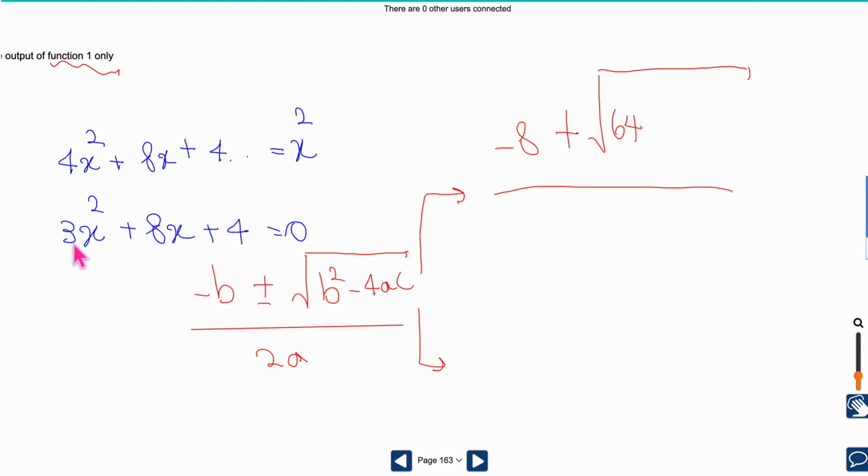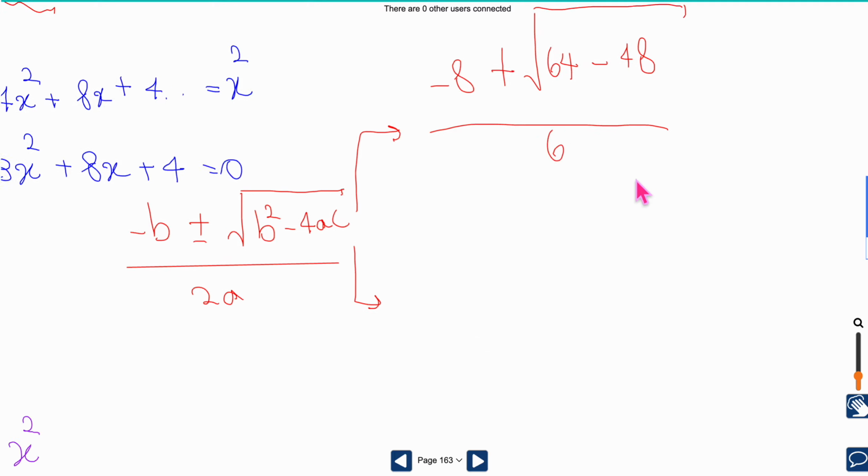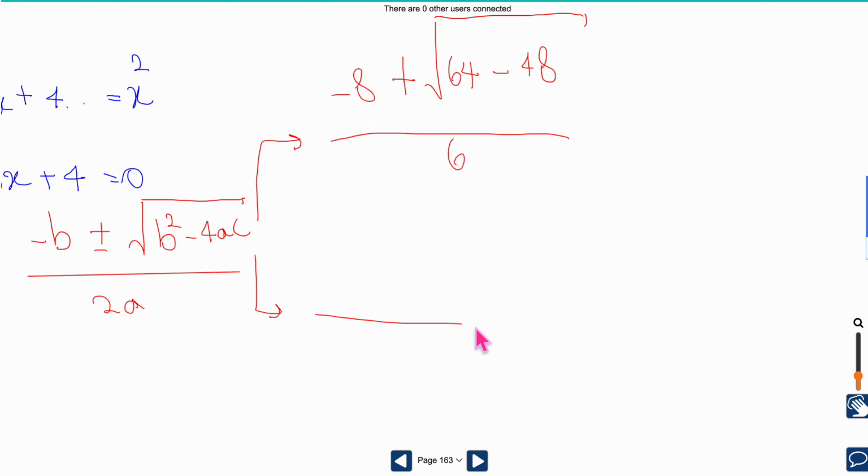4 times 3 is 12, and 12 times 4 is 48. So 64 minus 48. I'm going to have that inside the numerator, and 2a is going to give me 6. I'm going to have something very similar to that, but this time with a negative right here. Again, 64 minus 48 over 6.